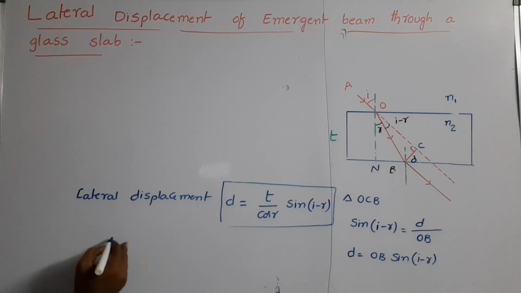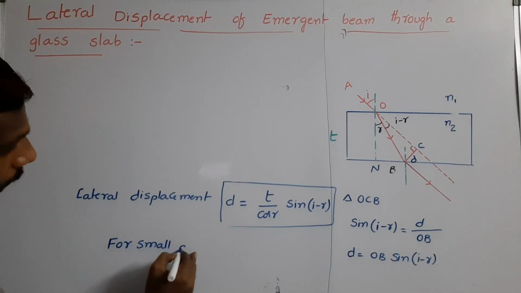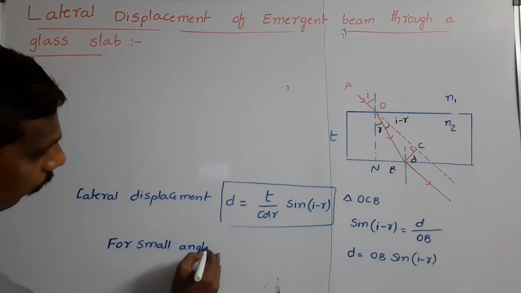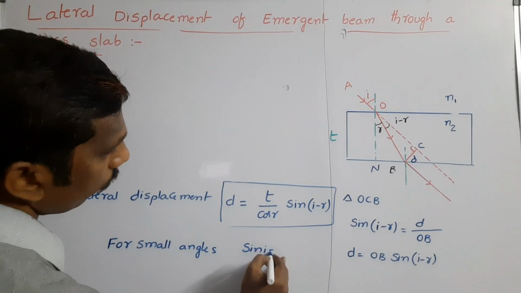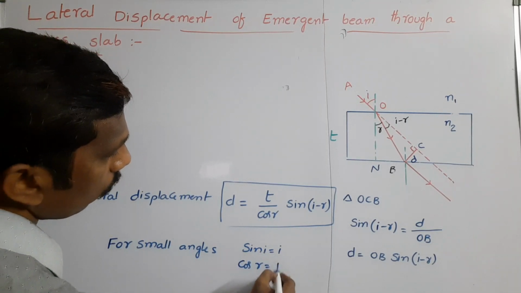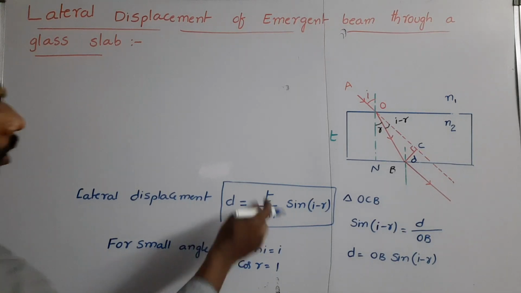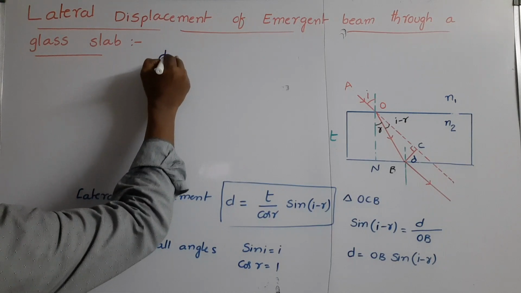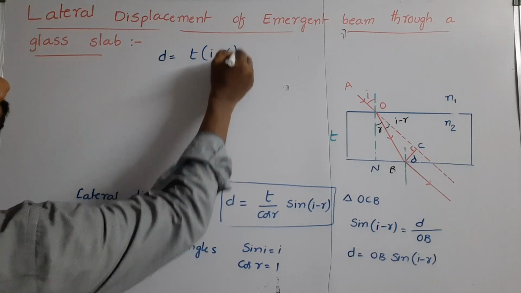The same formula we can write for small angles. For small angles, sin i is equal to i and cos r is equal to 1. Substituting, we get d is equal to t into (i minus r).